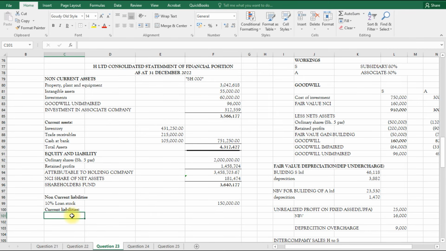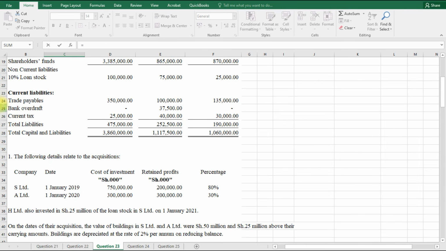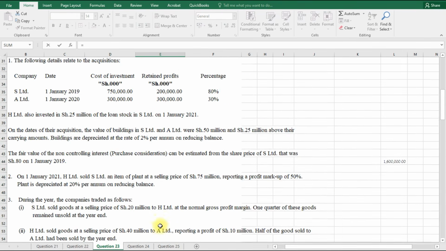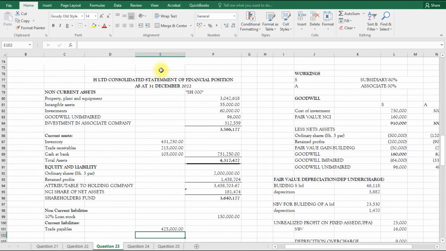So under current liability, the first thing we have is the trade payable, and the trade payable will be equals to this value payable plus this value, and we minus the intercompany of 25. Remember there was cash in transit of 5, so here just minus 25,000.